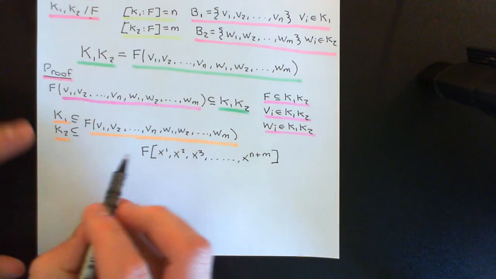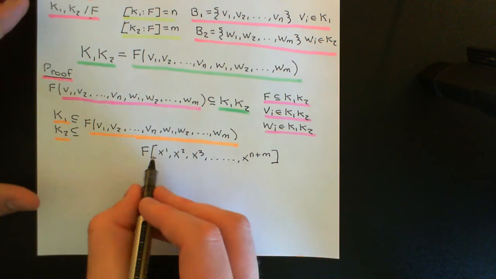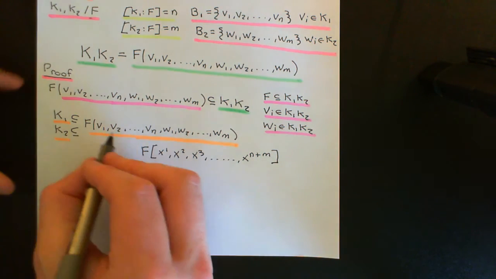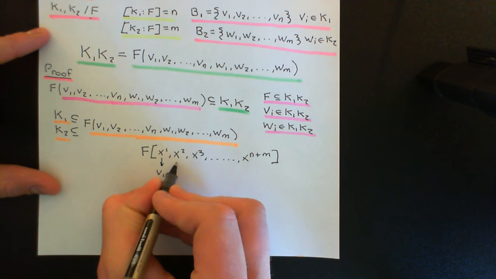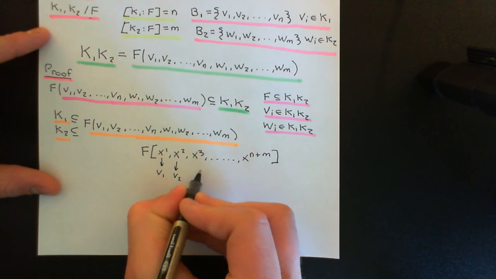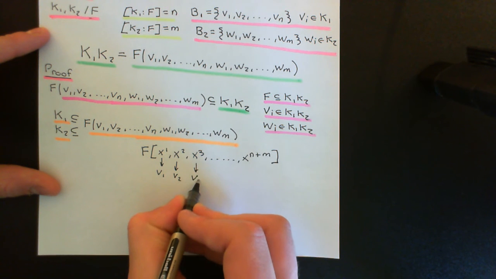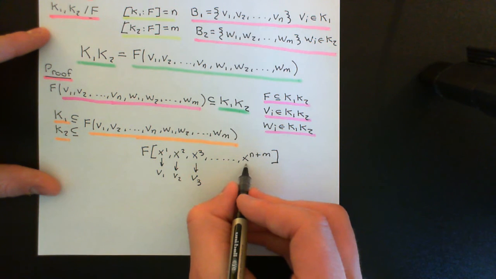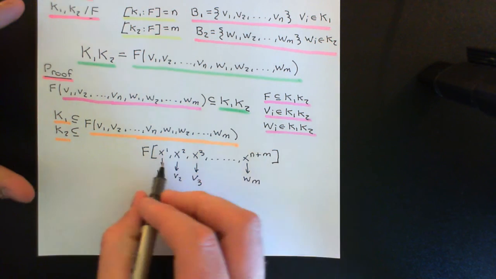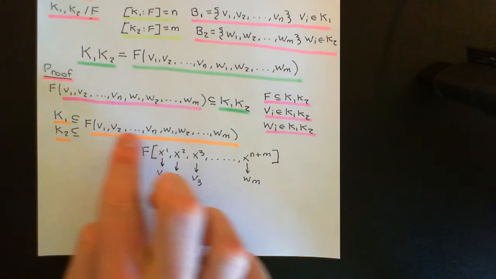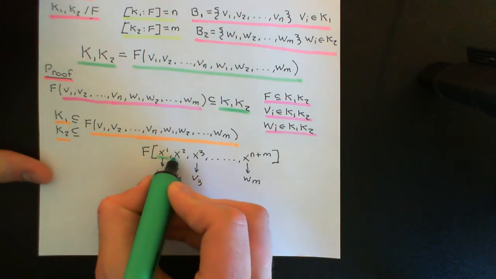Okay, and then if you want to construct this thing, all you have to consider is evaluating all of these polynomials where you let x1 be evaluated at v1, x2 be evaluated at v2, x3 be evaluated at v3, etc. And then you'll go all the way up and x_{n+m} will be evaluated at wn. So you've got one of these indeterminates for each of these basis vectors that we have here.